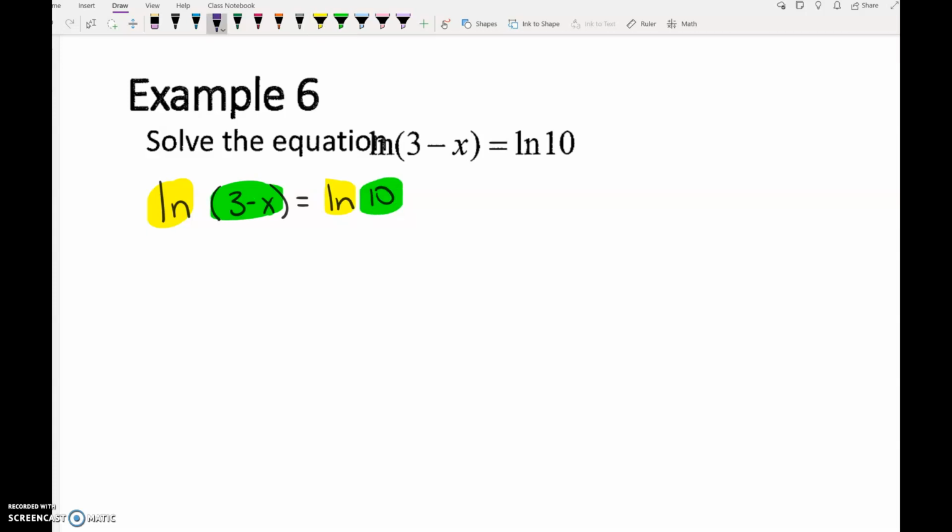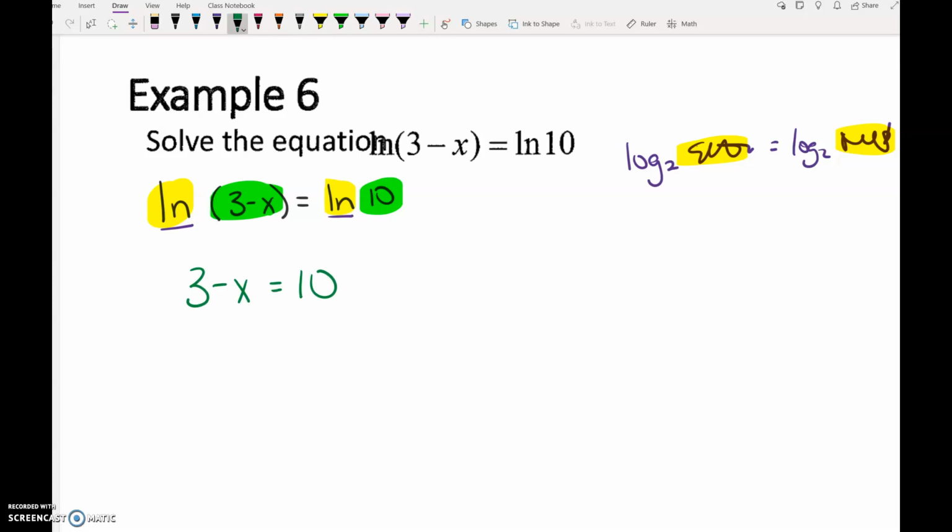As long as the ln's are the same, as long as it's ln on both sides, or if it was log base 2 of stuff equals log base 2 of stuff, as long as the logs match on both sides, the stuff is going to equal the other stuff. So what this means is 3 minus x has to equal 10.